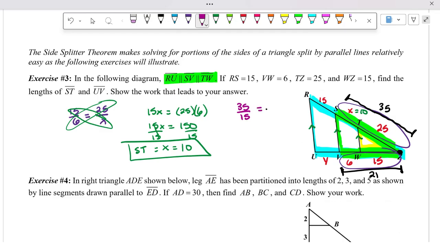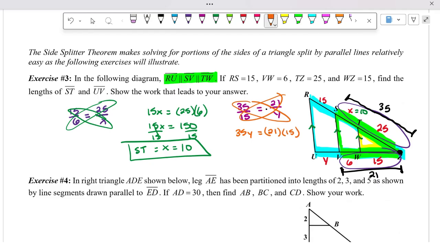And it's going to be equal to what? 21 over not x, but y. Good. And then I can cross multiply. So I got 35y is equal to 21 times 15.